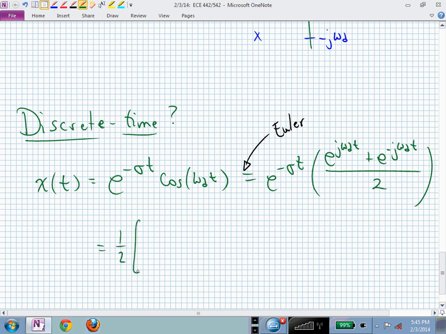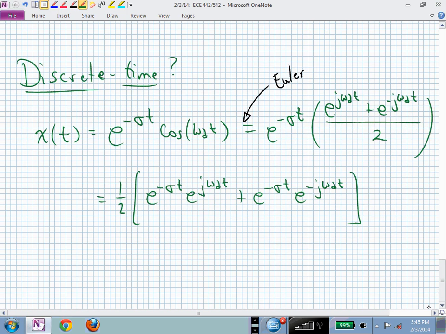But what I want to do is write that cosine as two complex exponentials, or the sum of two complex exponentials. And now I can actually clean that up a little bit by distributing that e to the minus sigma t. Let me keep that negative with the sigma.